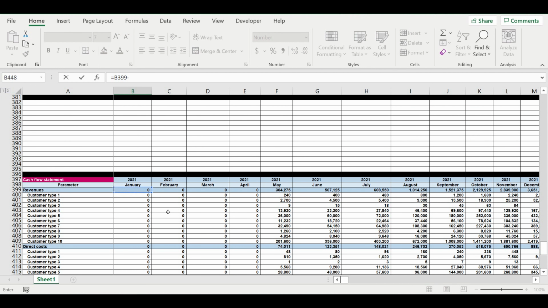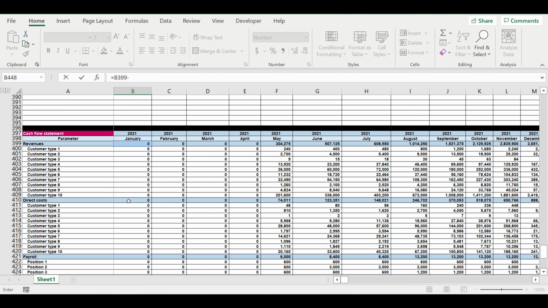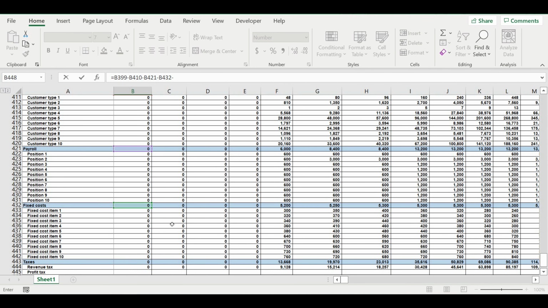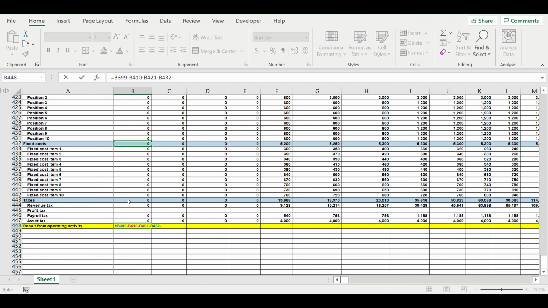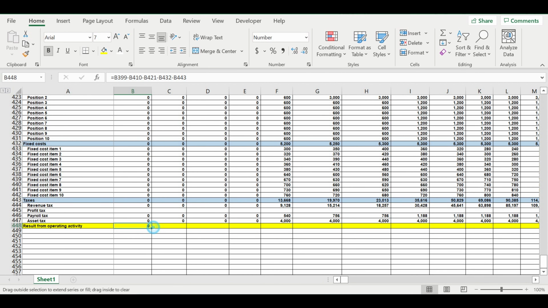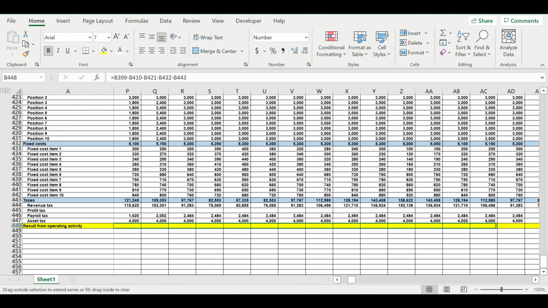So we just take the revenues minus direct costs. It shows how your business operates by itself without a loan, if you have one. Then minus fixed costs, minus taxes, and that's it. So this is the result from operating activity.